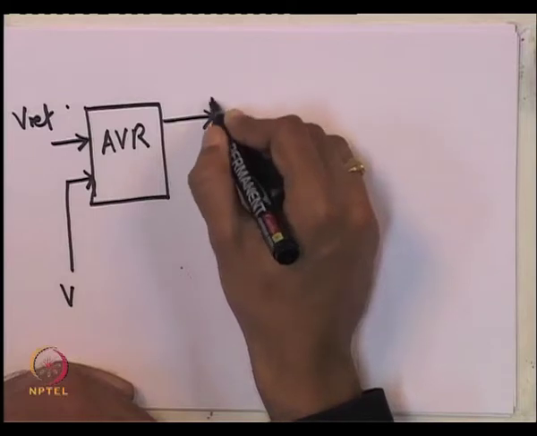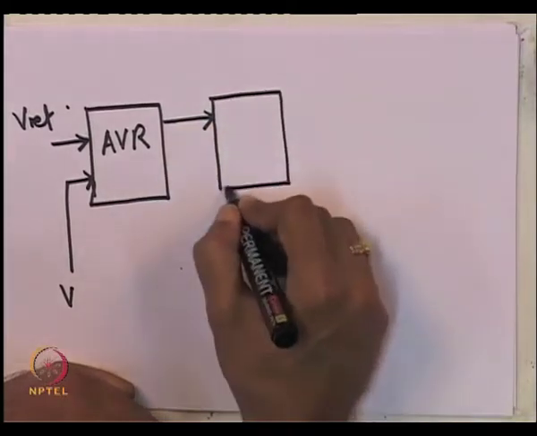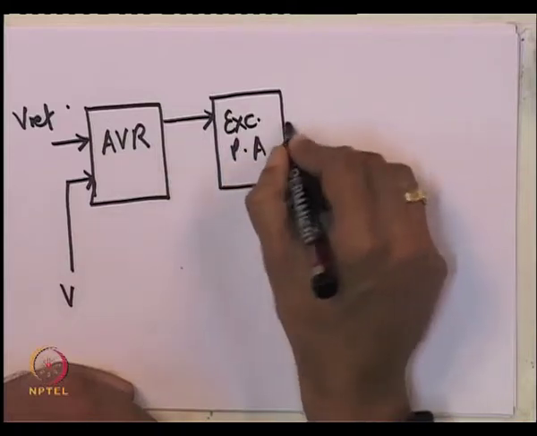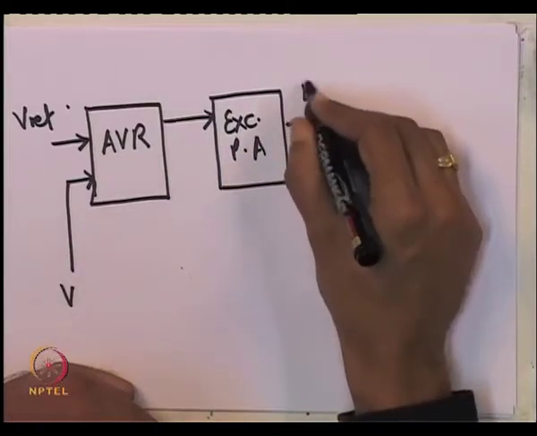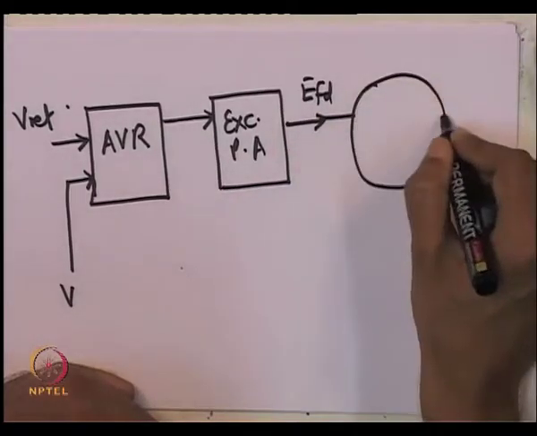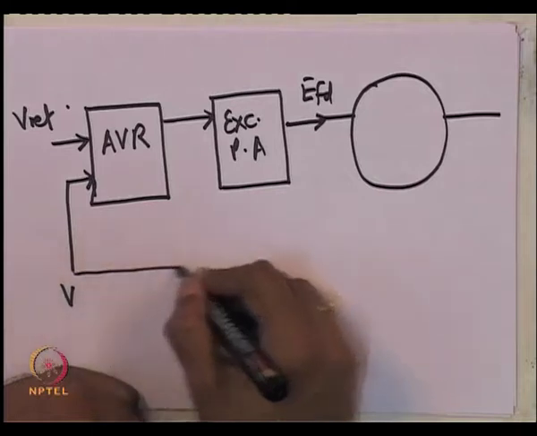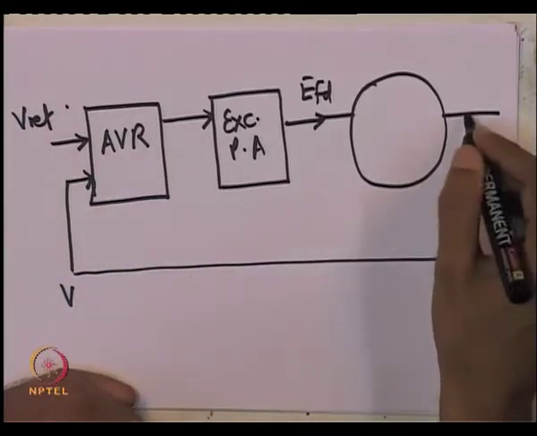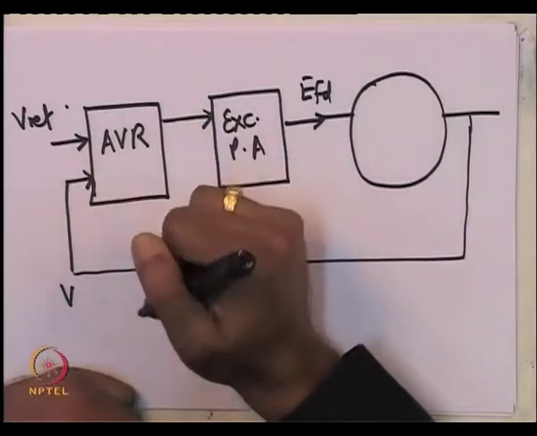The excitation system gives the control signal to the excitation power apparatus, that gives the field voltage to the synchronous machine. The synchronous machine output is of course what you measure using a potential transformer, which is fed to the AVR.